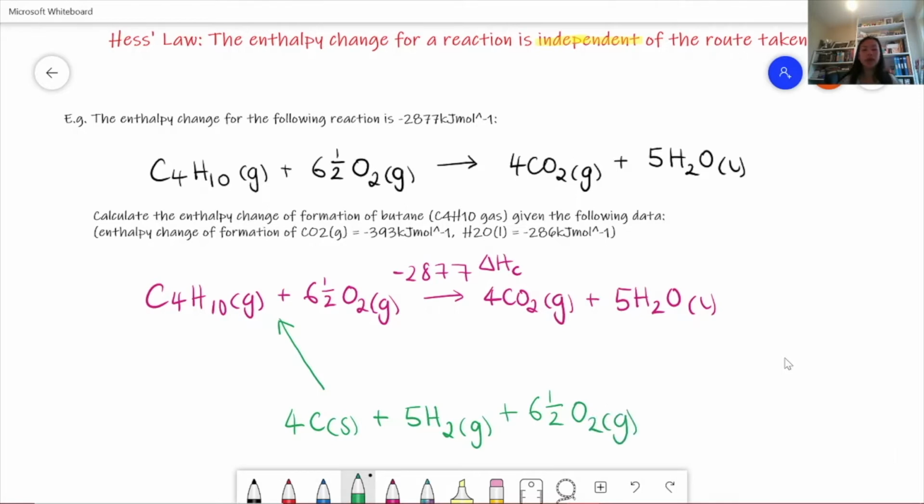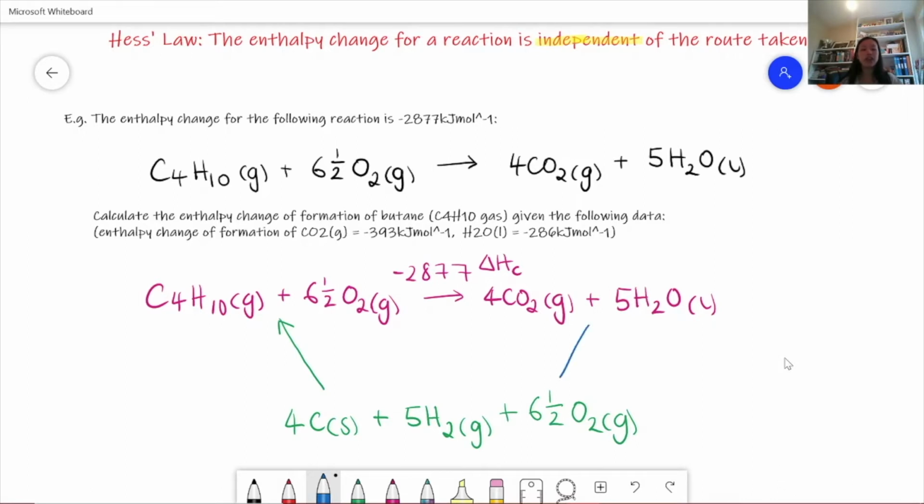So now we have some sort of diagram, and then we have a look at this bit here, and we realize that this actually forms this. Because we have 4 carbons here, we have 8 oxygens plus 5 oxygens, and here we have 13 oxygens, like we do here, and we also have 10 hydrogens.